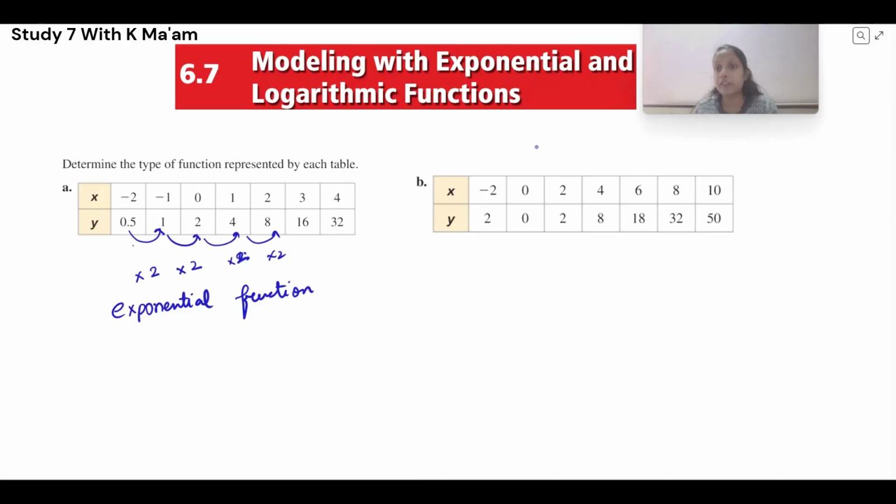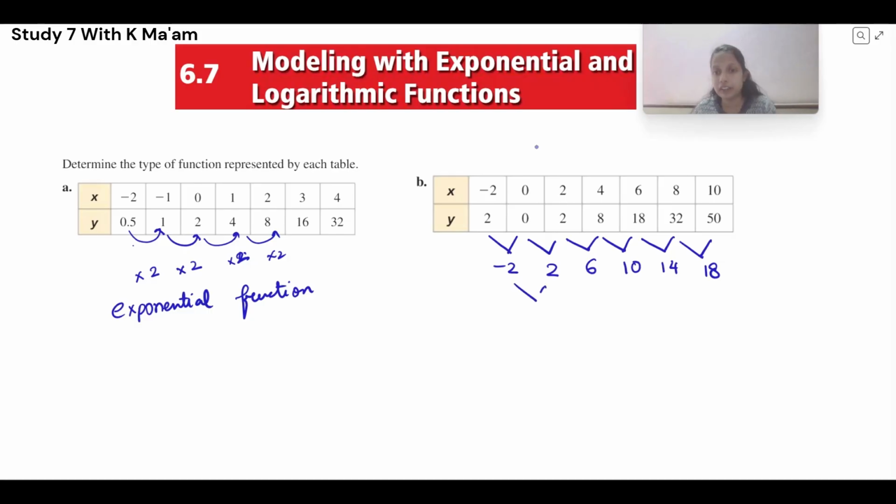So let's find the difference. 0 minus 2, it's minus 2. 2 minus 0, it's 2. 8 minus 2, 6. 18 minus 8, it's 10. 32 minus 18 is what? 14. 50 minus 32 is 18. Each difference is not the same.